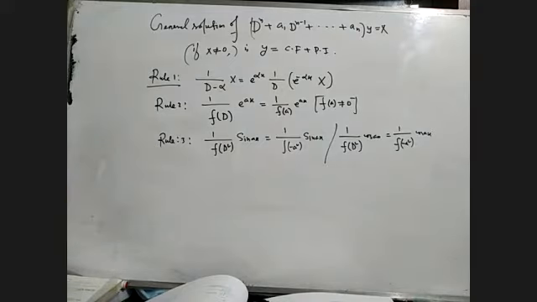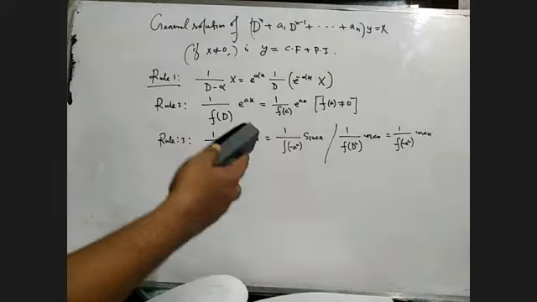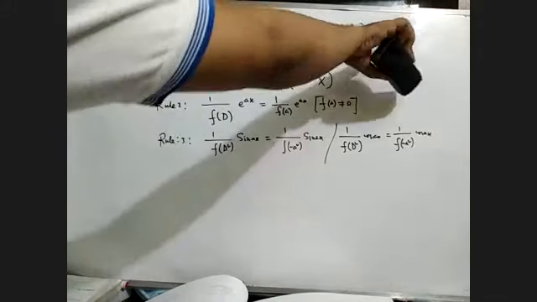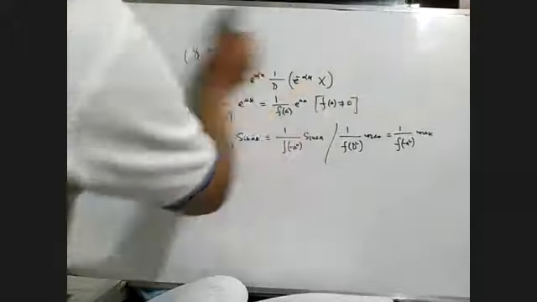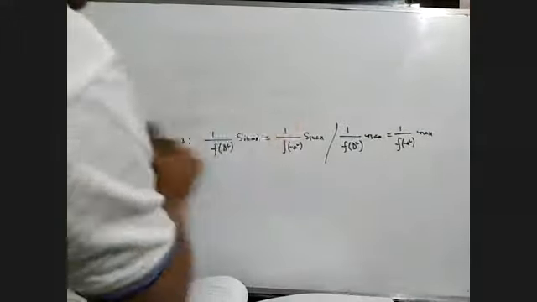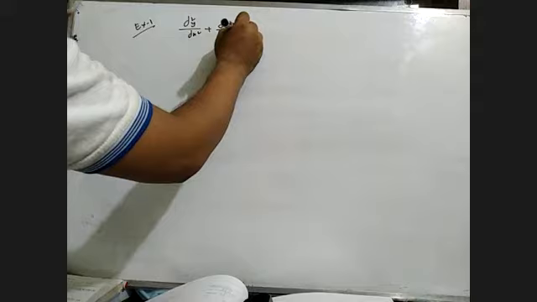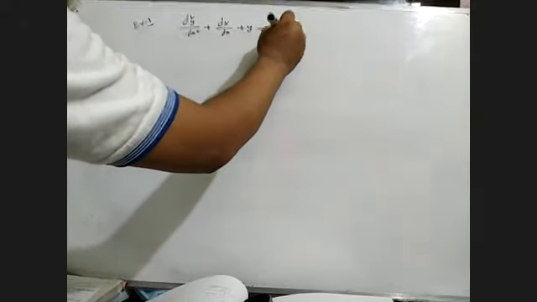So now let us try to find the solution of a linear differential equation whose right hand side is not 0. Suppose, for example, d square y by dx square plus dy by dx plus y equals sin 2x.